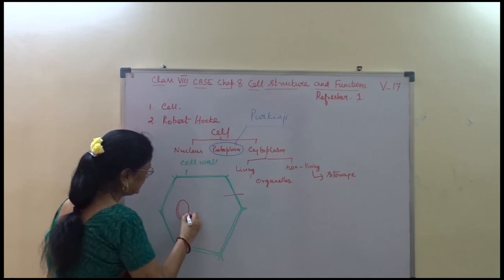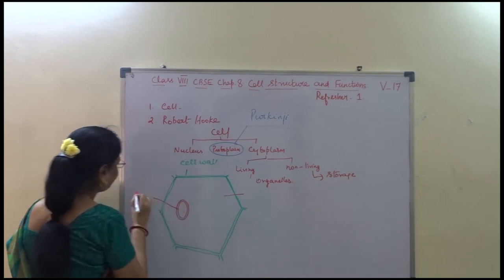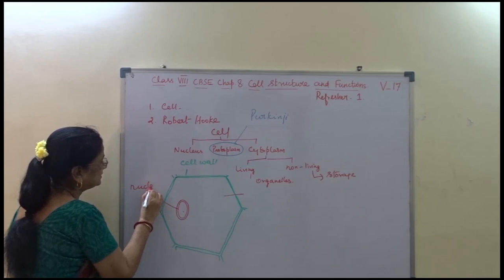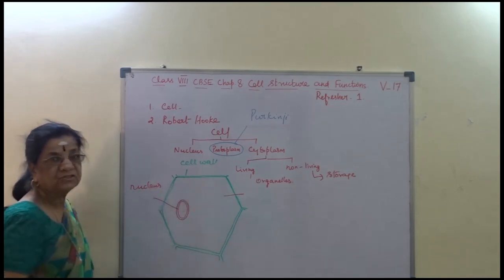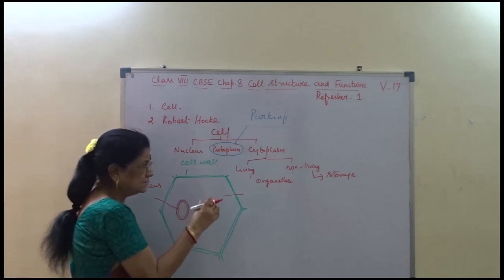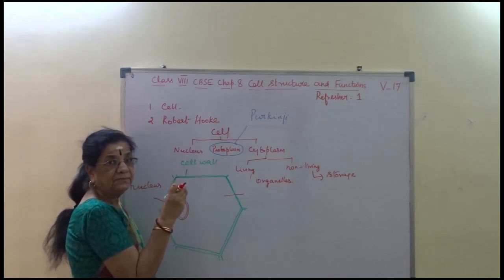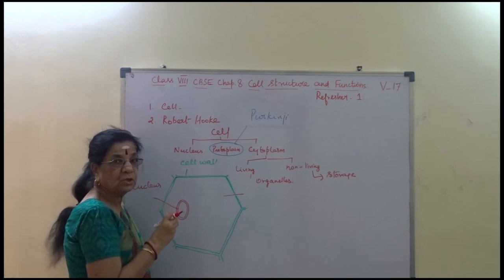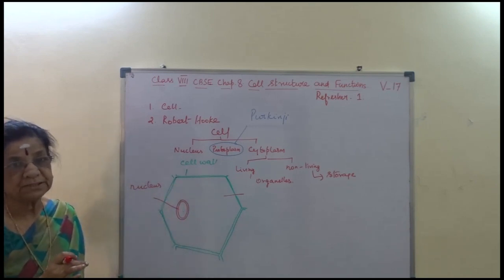This is the nucleus. The remaining space is cytoplasm. So within this, the living inclusions, what are called organelles, are present.